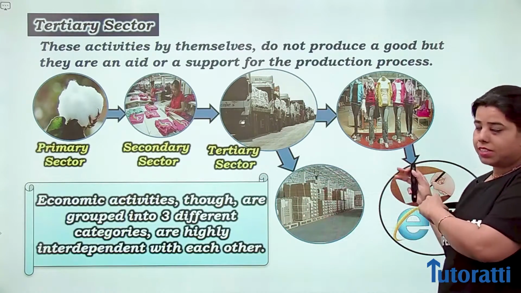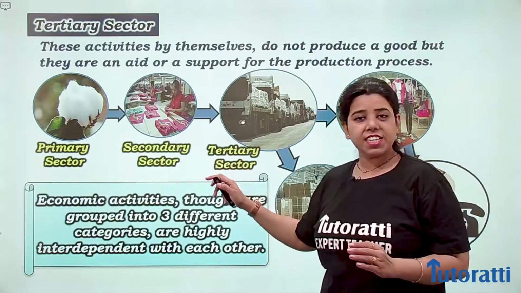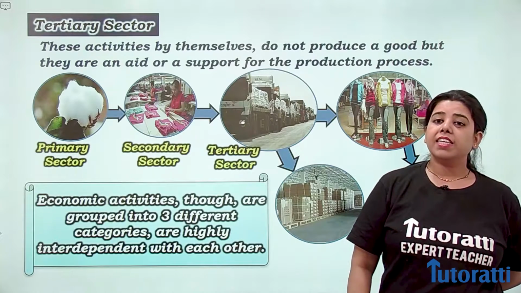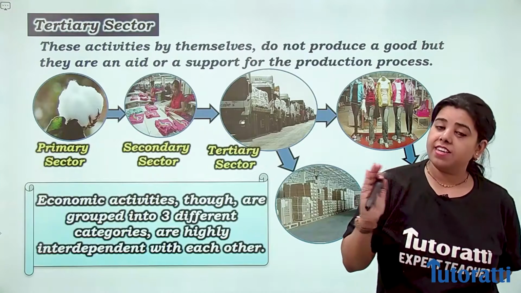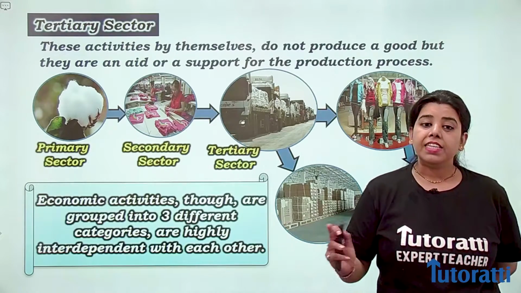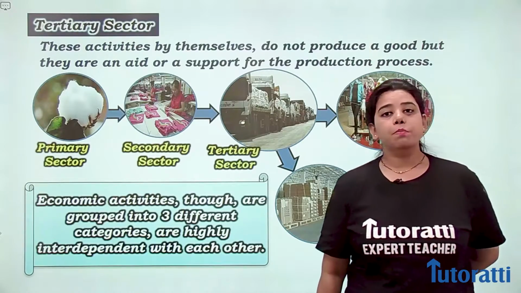You need to carry it. So then comes the role of tertiary sector. So we can see now how these things are interdependent on each other. So these economic activities, primary, secondary and tertiary, though different, yet they have to depend on each other to complete their processes.